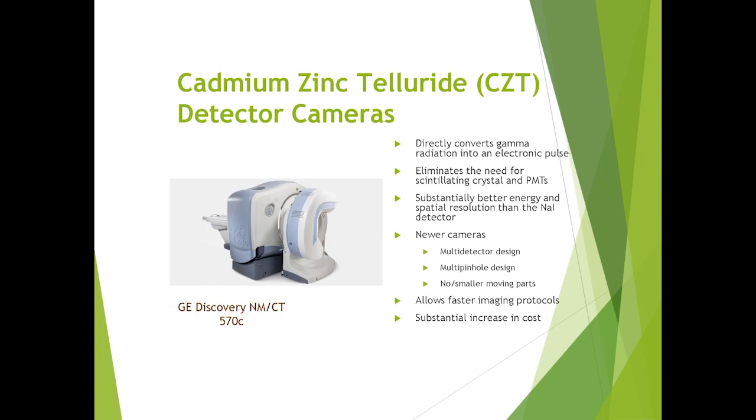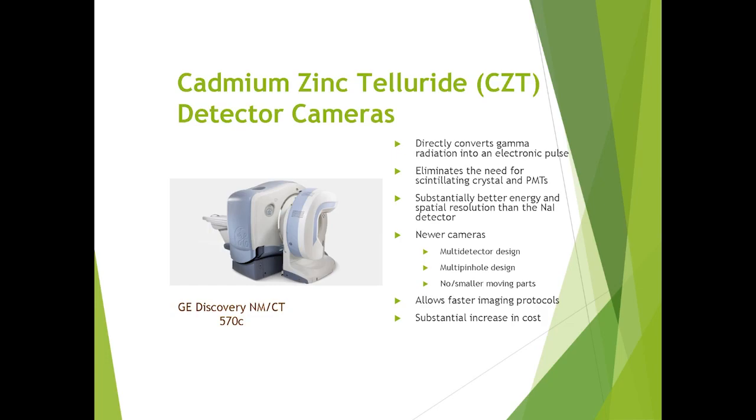And not only that, they've got new detector designs. In this particular camera, as we can see, this is actually a high-end 64-slice CT camera and has multiple pinhole detectors. And none of the detectors actually move. So since there are no moving parts, the resolution is quite good.